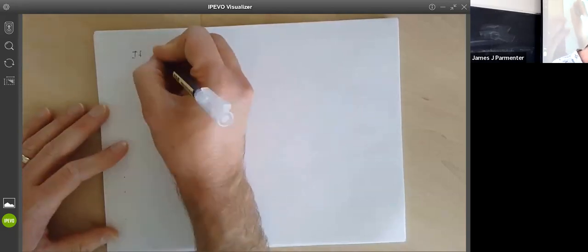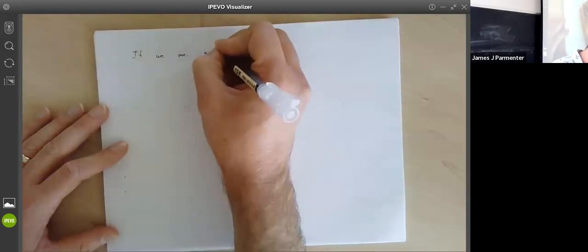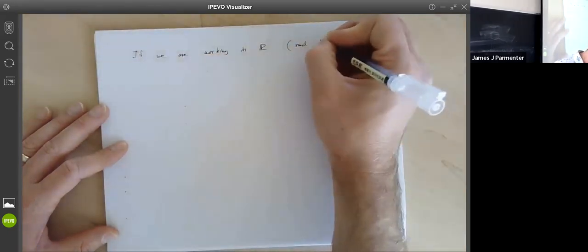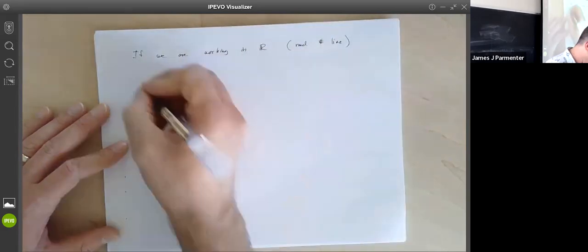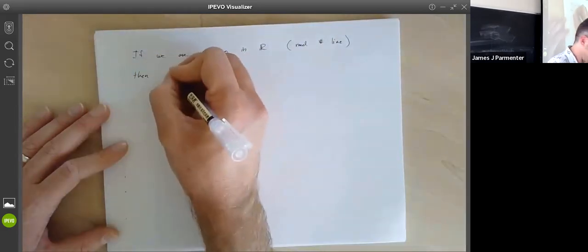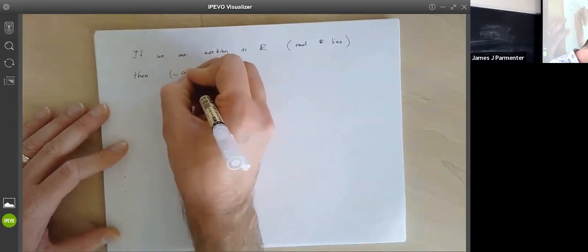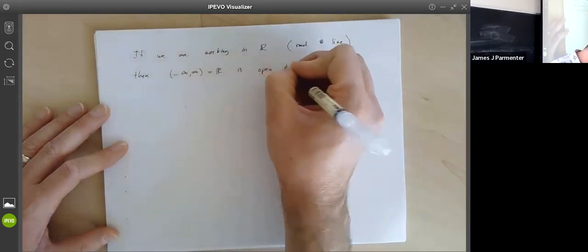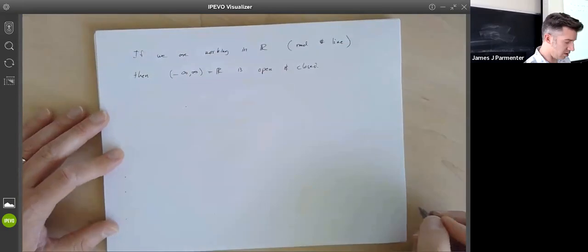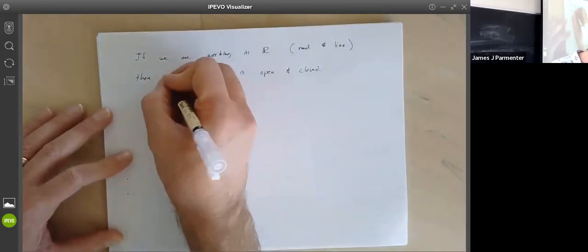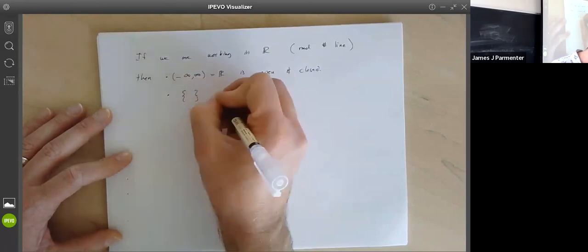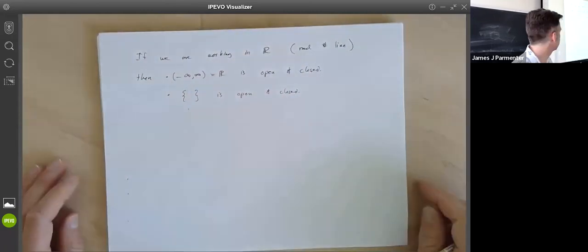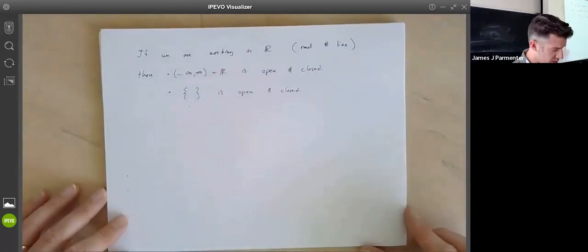If we are working in the real numbers, the real number line, then the set containing everything is both open and closed. And so is the set containing nothing. The empty set is also open and closed. It's kind of annoying, but it is true.